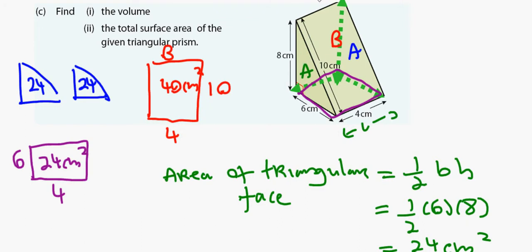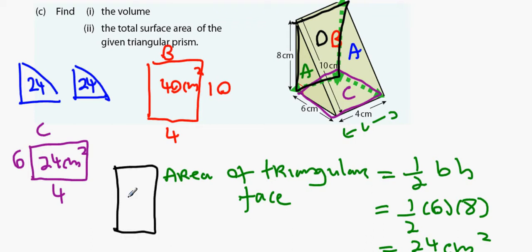So we call this one here face C, and now we're on face D. Face D is at the back, and face D is going to be 8 by 4, which is going to give us 32 centimeters squared.